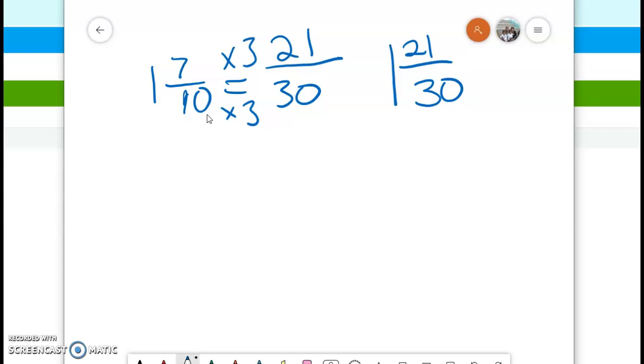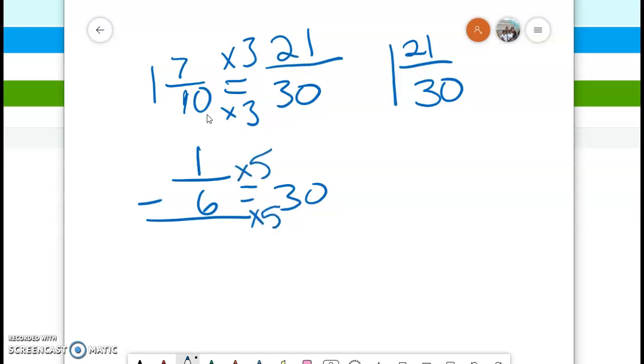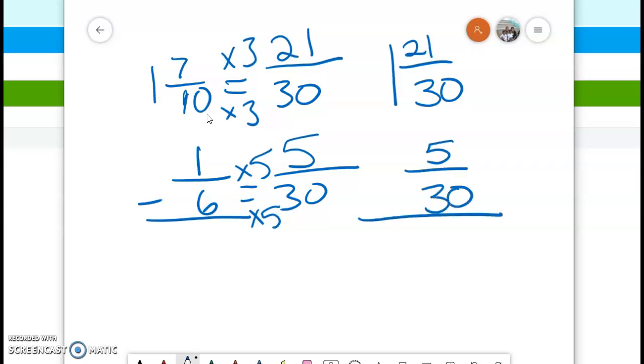And then here we have 1/6. So we're going to change that to 30. 6 times what gives me 30? Times 5. Whatever I do to the bottom, I do to the top. 5 over 30. So that's going to give me this over here.